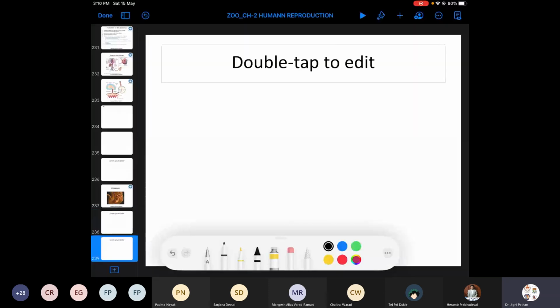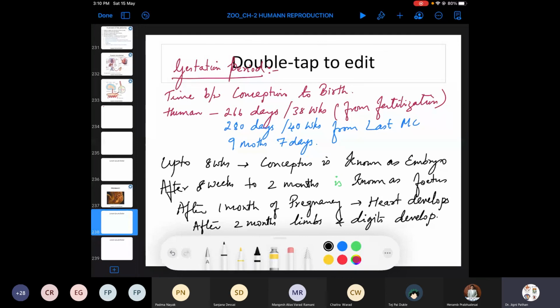Next. Are you all done writing this? The time of gestation, 40 weeks. Where is 40 weeks? From the last MC.